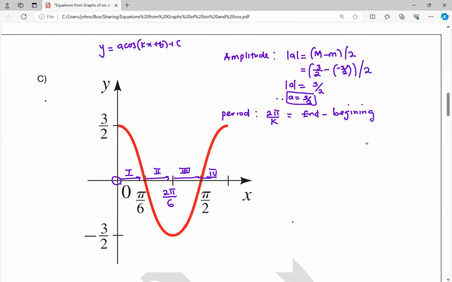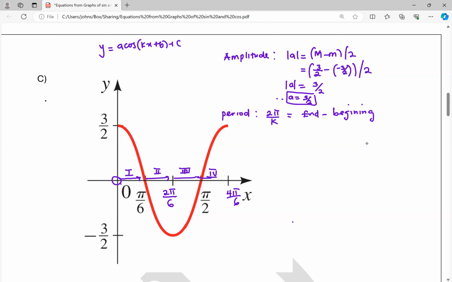Now, if you add pi over 6 to this, it's going to be 3 pi over 6, which is the same thing as pi over 2. So to get what is next, add pi over 6 to this again. This is going to give you 4 pi over 6, which is the same thing as 2 pi over 3, right?